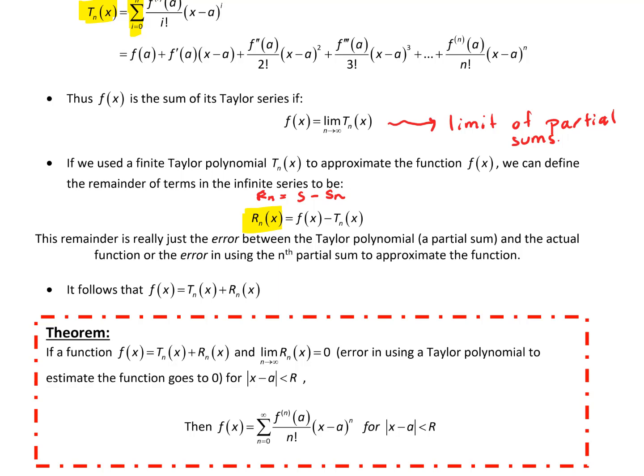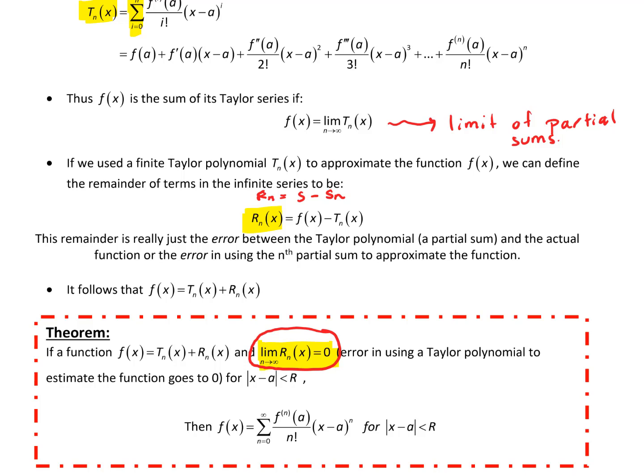It says if we have a function and it is equal to its Taylor polynomial, T sub n, plus its remainder, then here's the key: if this remainder goes to 0, if the actual error in using a Taylor polynomial approaches 0, then the function must have a power series representation.